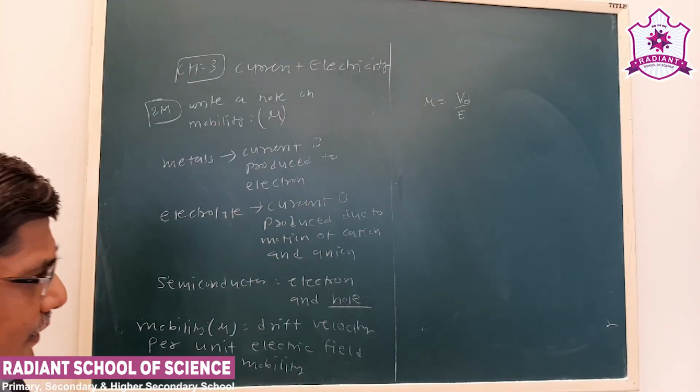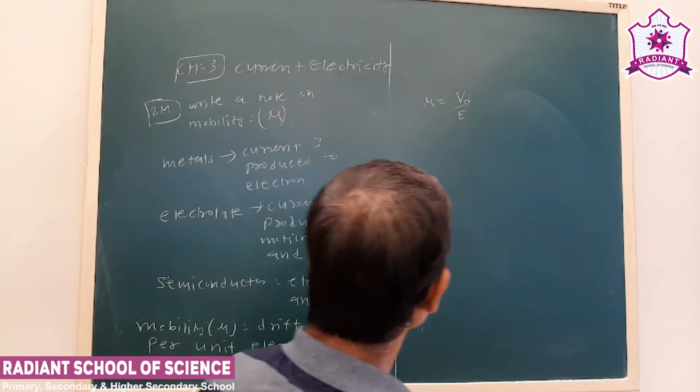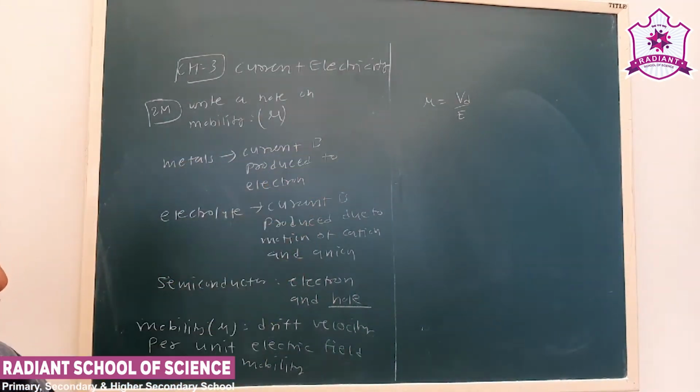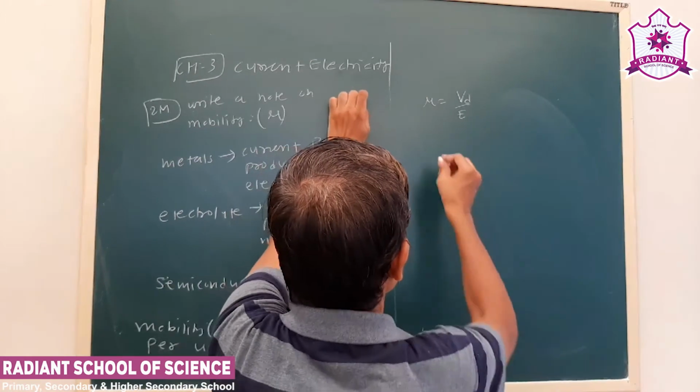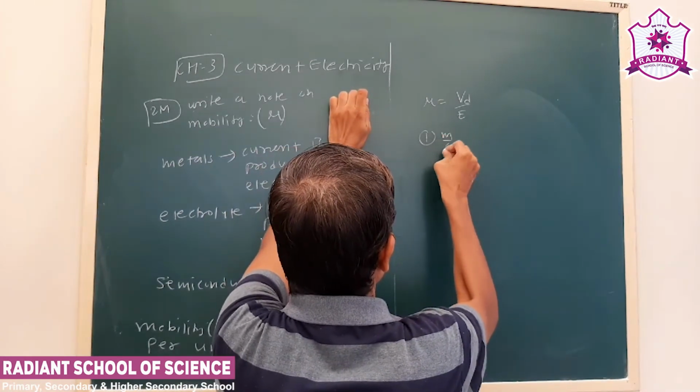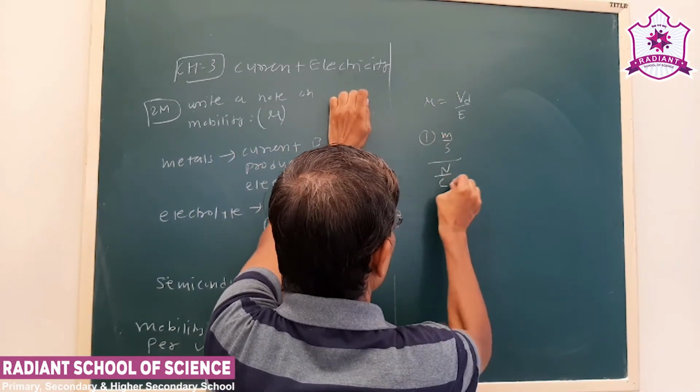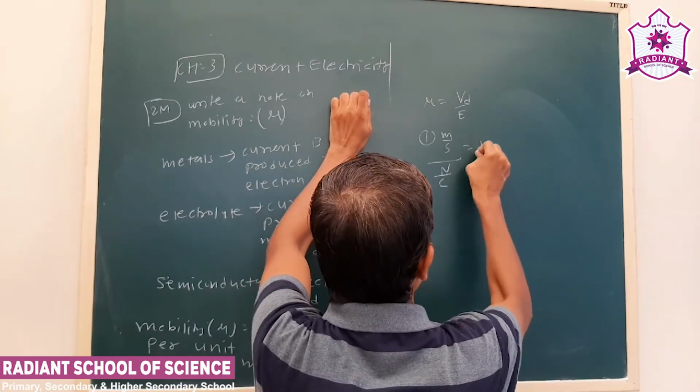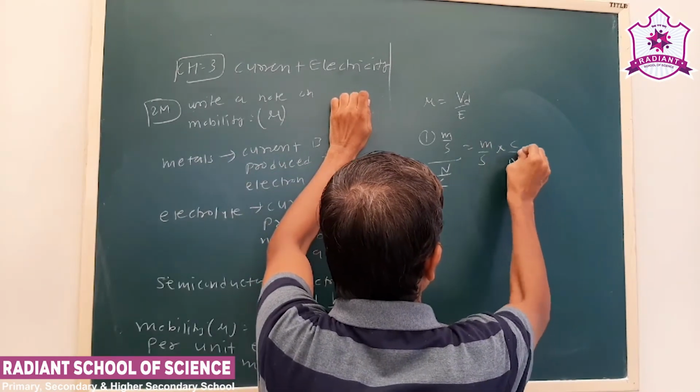Now we write the unit and dimension of the drift mobility. See, the velocity unit is meter per second. Electric field unit is Newton per coulomb. So we can write meter per second into coulomb upon Newton.